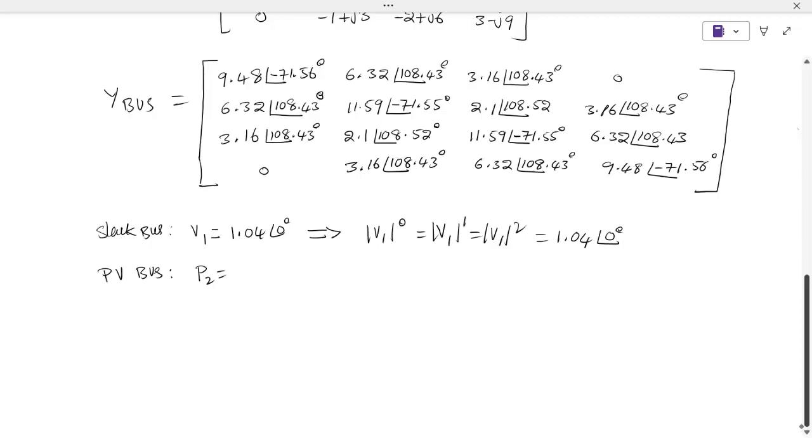P2 is 0.5 per unit, and the voltage value is also given for the PV bus, because for a PV bus, P and voltage magnitude are the specified, known values. As they have not given the angle specifically, we take 1.04 at an angle of 0 degrees.